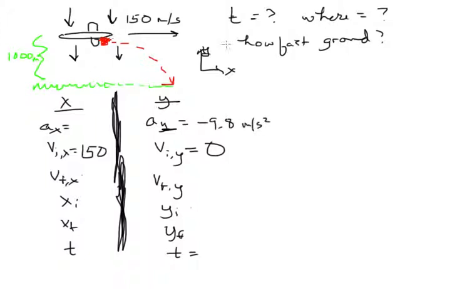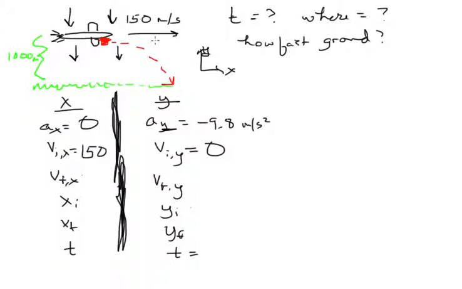Gravity is not pushing to the right or to the left, so therefore your acceleration in the x direction is 0, because gravity is not pushing left or right. It always pushes down, which is a y direction. So sometimes people ask me, how can you have acceleration in the x direction? Well, if this plane was releasing some fuel that caused it to actually accelerate in the x direction, they would have to tell you this, right?